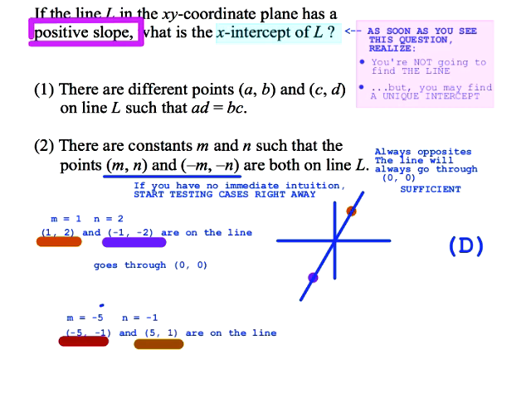You get a different line. It's going to have a different slope than the first one did. But still going to go through the origin. So it's focused perfectly on the goal. If you're not solving for the correct goal, you're going to get it wrong.